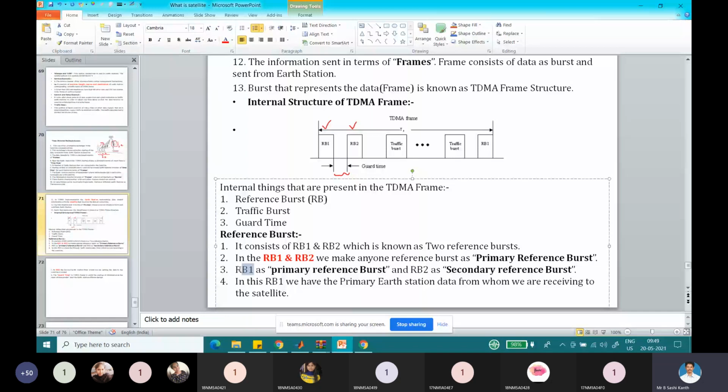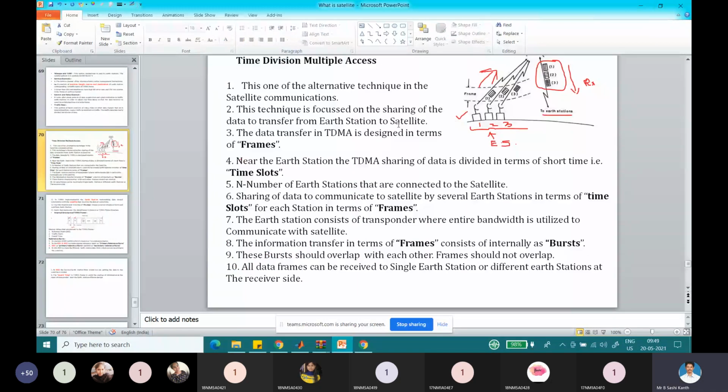Once again I'll repeat what we have discussed, and we will see in the next class the continuation of the TDMA frame. Okay, so the time division multiple access is one of the alternative techniques in satellite communication. This technique is focused on the data transfer from the earth station to the satellite.